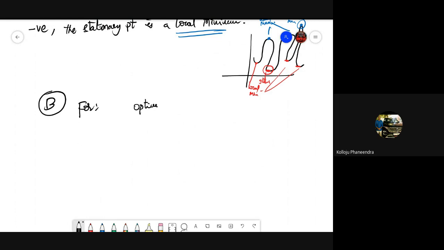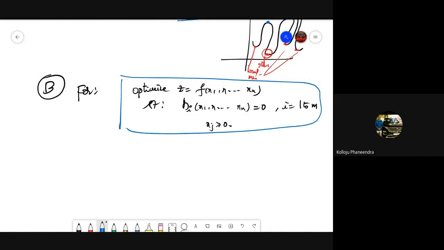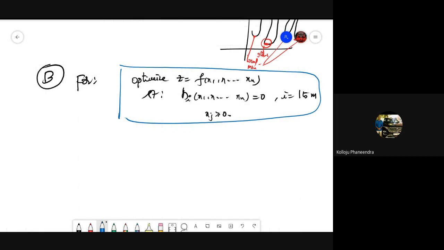Optimize z equal to f of x1, x2, xn subject to hi of x1, x2, xn equal to 0, i equal to 1 to m, and xj greater than or equal to 0. That means an n variable function with m constraints.